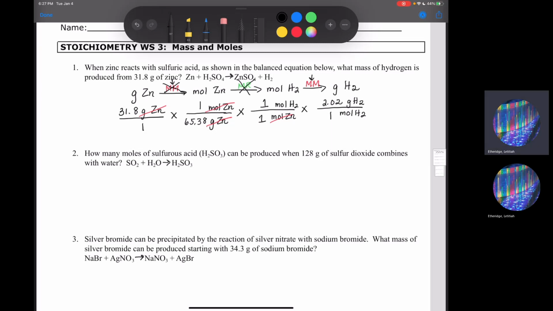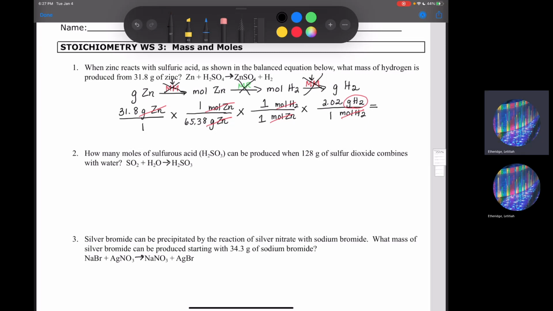Okay. So now here comes the complicated part for some of you guys. You are going to need to use your calculator and hope it does not lead you astray. Okay. Please make sure that your units are where you're supposed to be. We have now finished the last conversion. We should be at grams, and guess what? We are at grams of hydrogen.